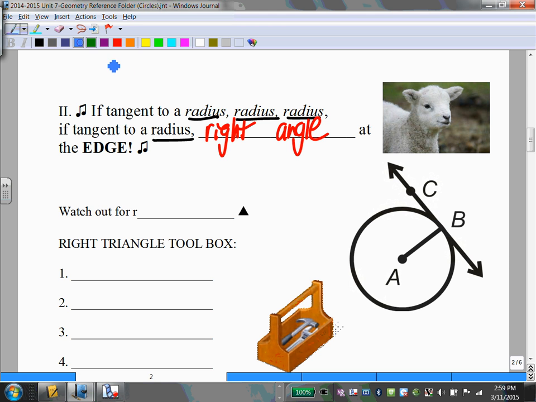Just to recap, if tangent to a radius, right angle at the edge. It actually is on both sides. Excellent. Which means you always have to watch out for right triangles.